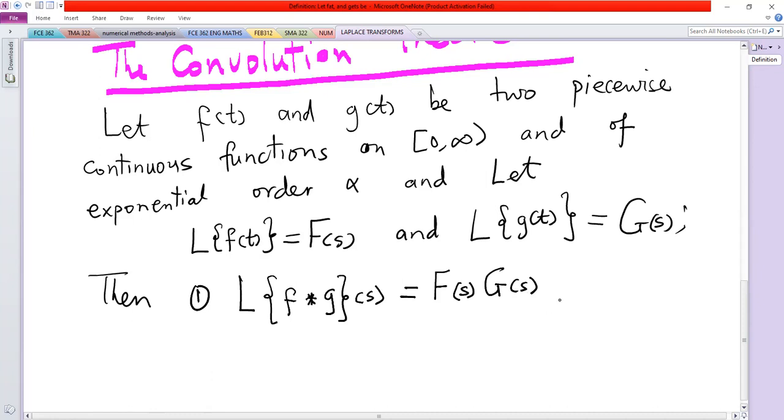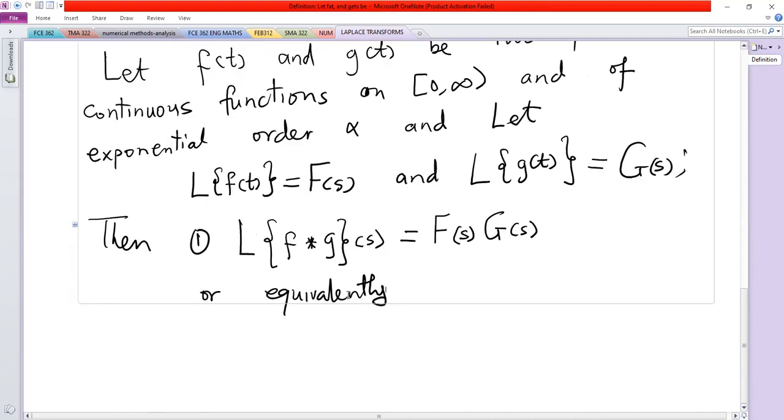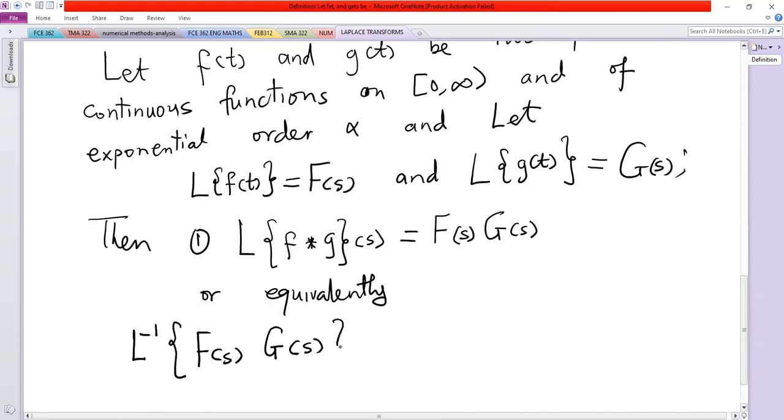And two, it is the same thing as saying if I take the inverse Laplace transform of capital F of s times G of s, this is a function of t, I'll get the convolution of f and g.